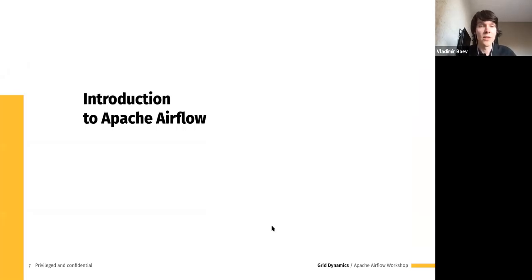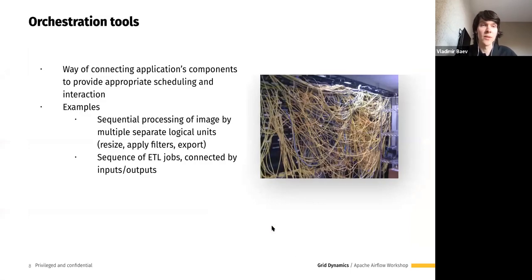So let's start with orchestration in general. Orchestration is a way of connecting several application components in order to provide appropriate interaction between them. For example, we can imagine an image processing pipeline, which at the first stage resizes some image.